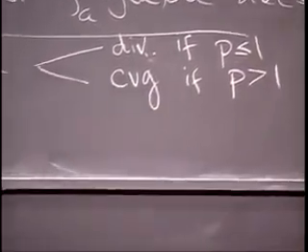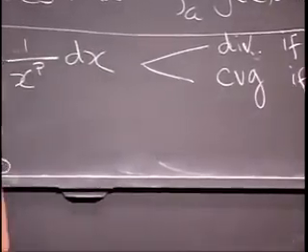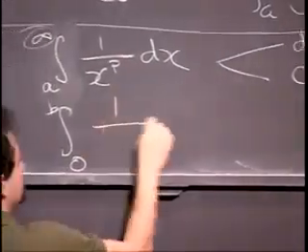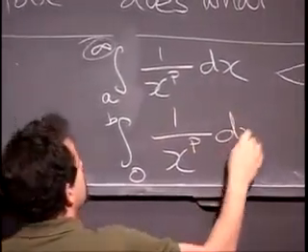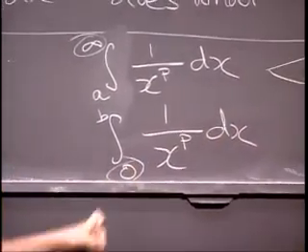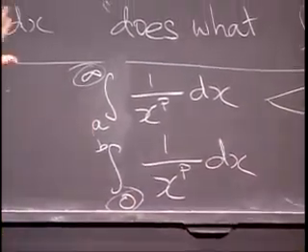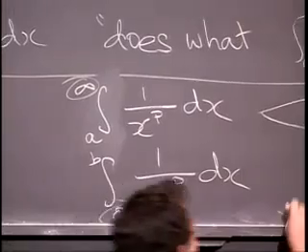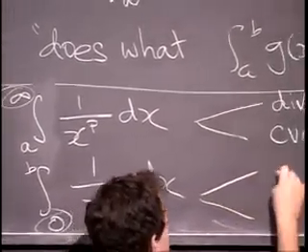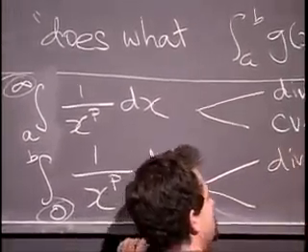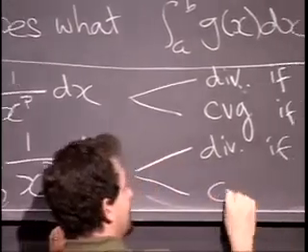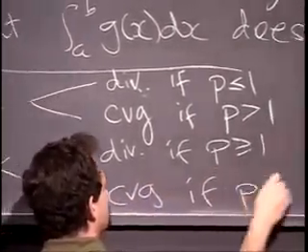But if the problem spot is at 0, the opposite is the case. Here the problem spot is at 0 because 1 over x to the p has a vertical asymptote there. This diverges now if p is greater than or equal to 1, and converges if p is less than 1.